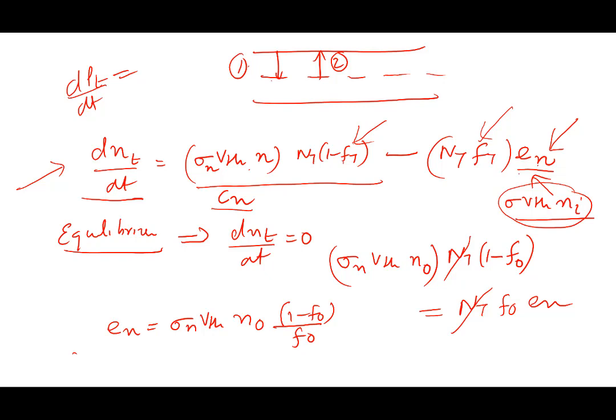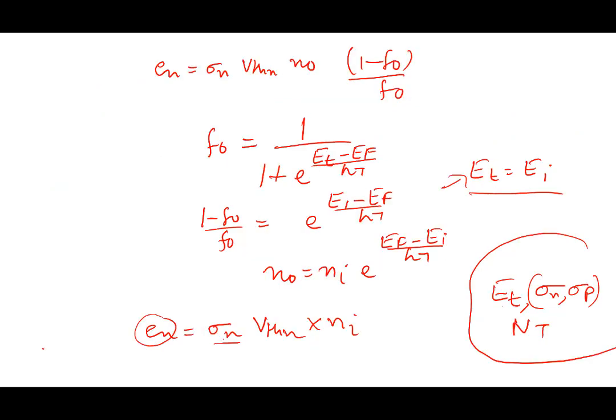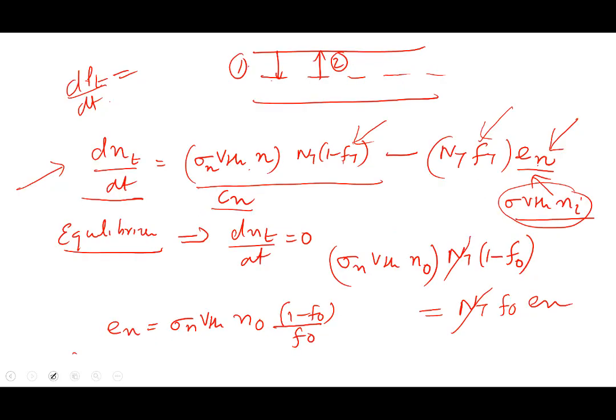When recombination is taking place, what is really happening? The rate at which the electrons are getting captured is equal to the rate at which the holes are getting captured. So I'll write an expression here and an expression there, and equate the two.